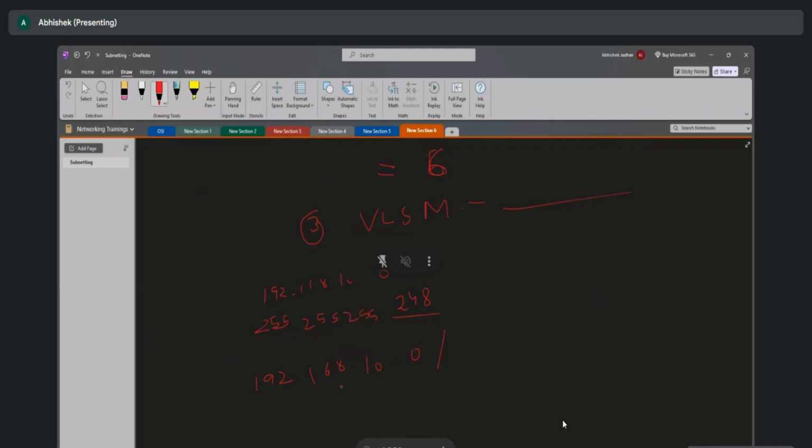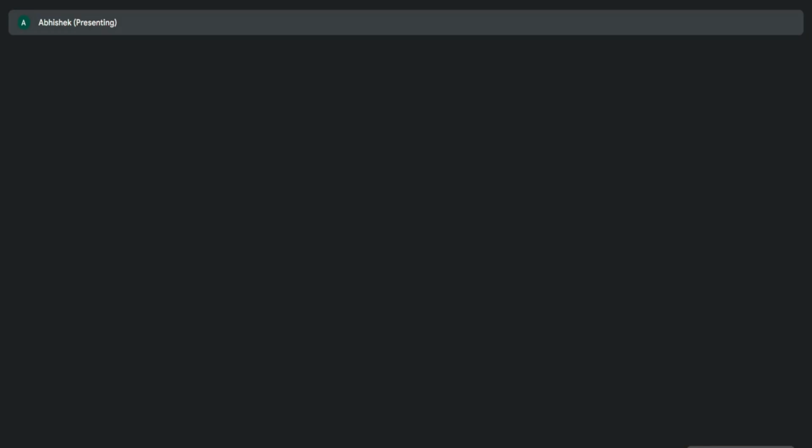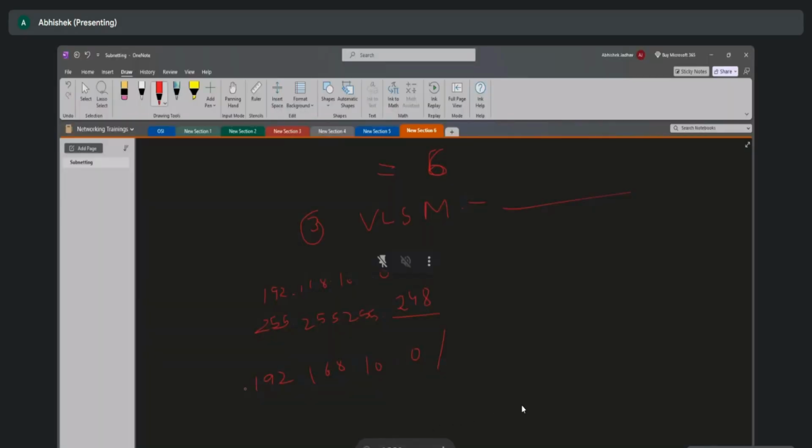And how many bits were already occupied? What class of IP is this? This is type C. How many bits are already occupied? 24. 24 plus 5, how much? 29. Exactly. So this is the CIDR notation for the IP after subnetting. So the job is done.